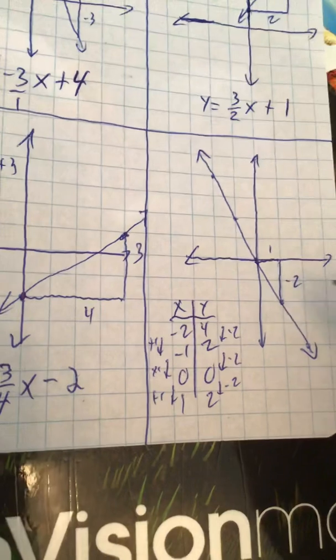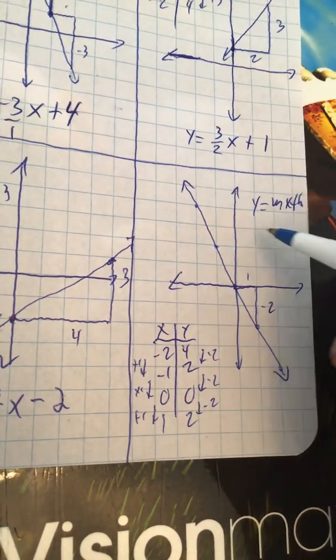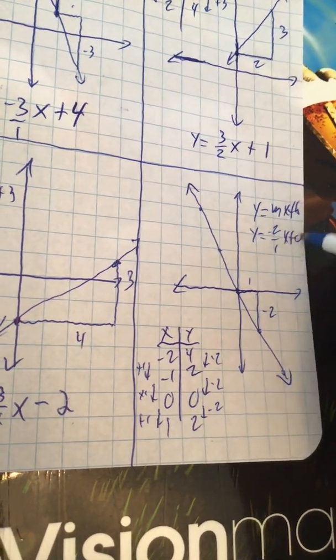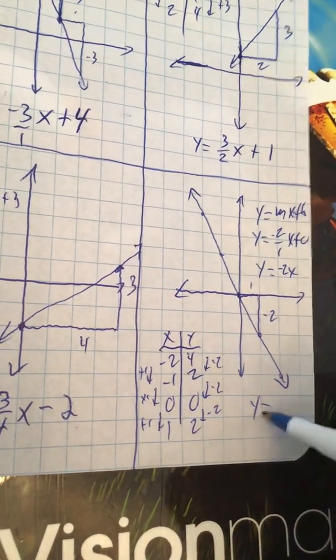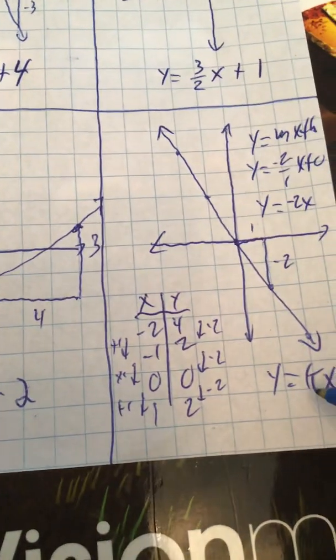Actually, you don't have to do y equals mx plus b. You could. This would be y equals -2 over 1 x plus 0. But isn't this just going to be y equals -2x? You could have just gone y equals kx. Isn't this proportional? So can't you just go y equals kx?